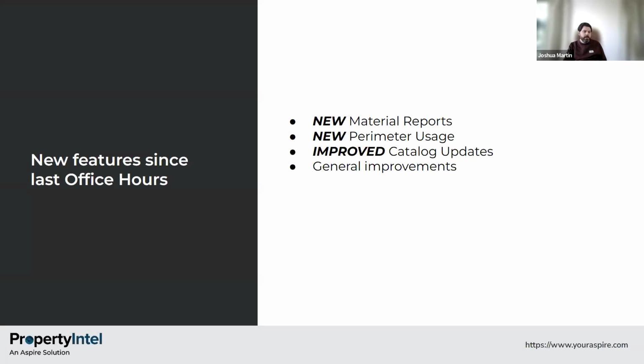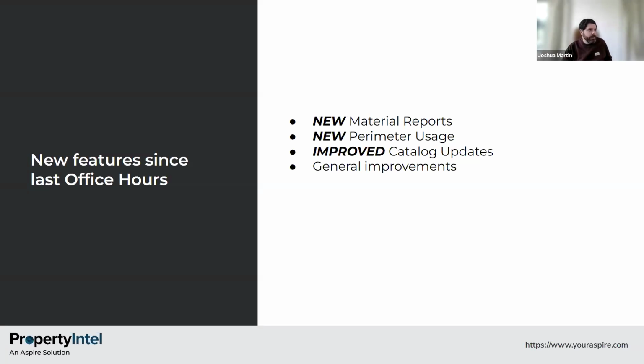There's a lot of new feature functionality, especially as it comes to having more visibility into your projects and being able to run reports on different feature attributes, like square footage of turf or particular trees, that sort of thing.